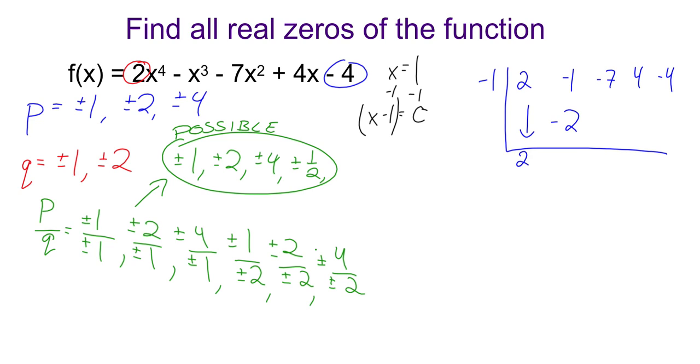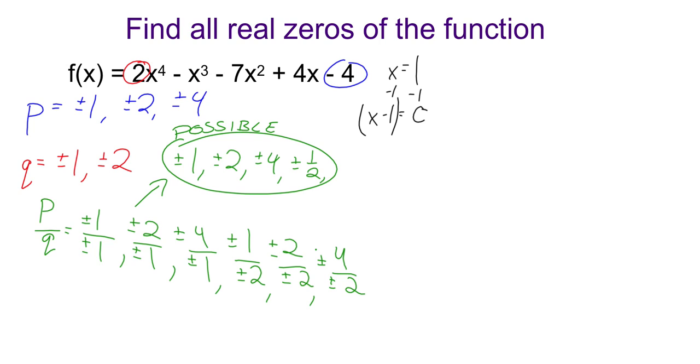Negative 2, negative 3, negative 4... negative 8, negative 12. What's that? A remainder. So is negative 1 a 0? That means that neither positive 1 nor negative 1 are x-intercepts.